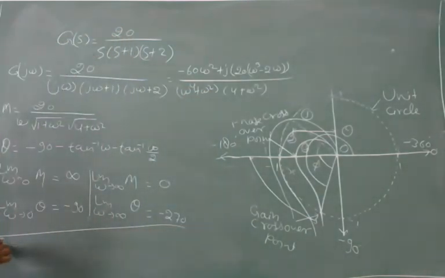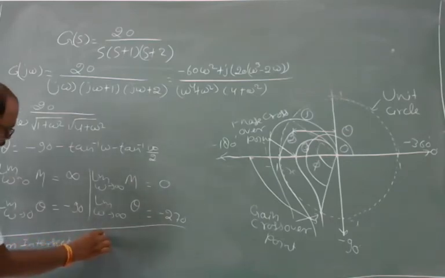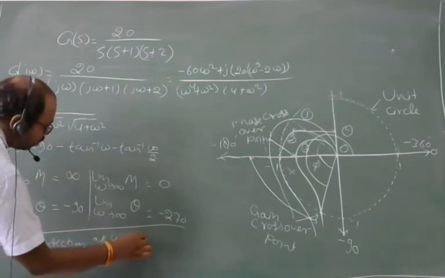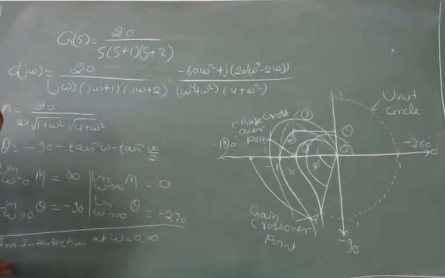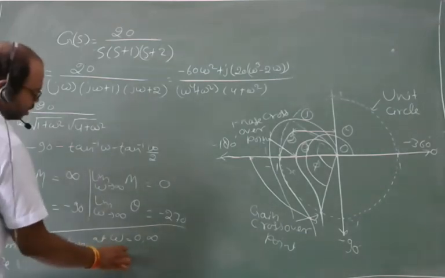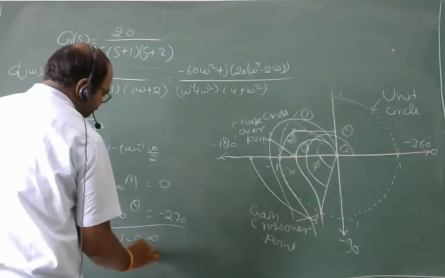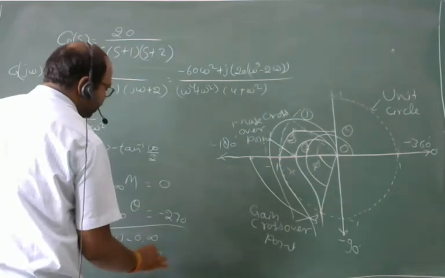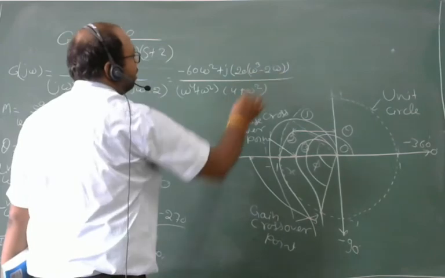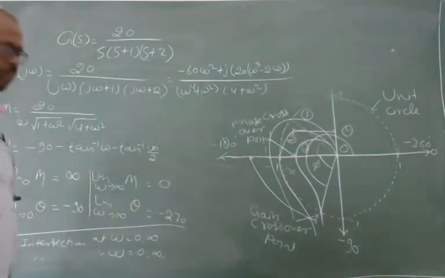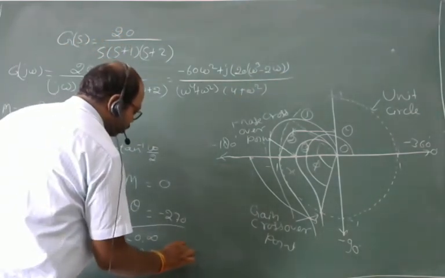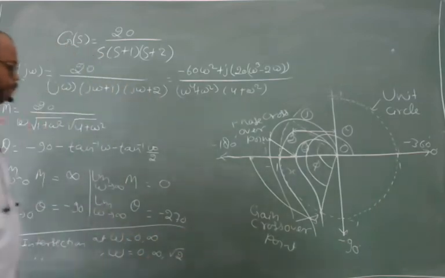So imaginary intersection is at omega equal to 0 and infinity. Real intersection at omega is equal to, from here we can find that omega is 0, infinity, and omega square is equal to 2. So omega is equal to under root 2.